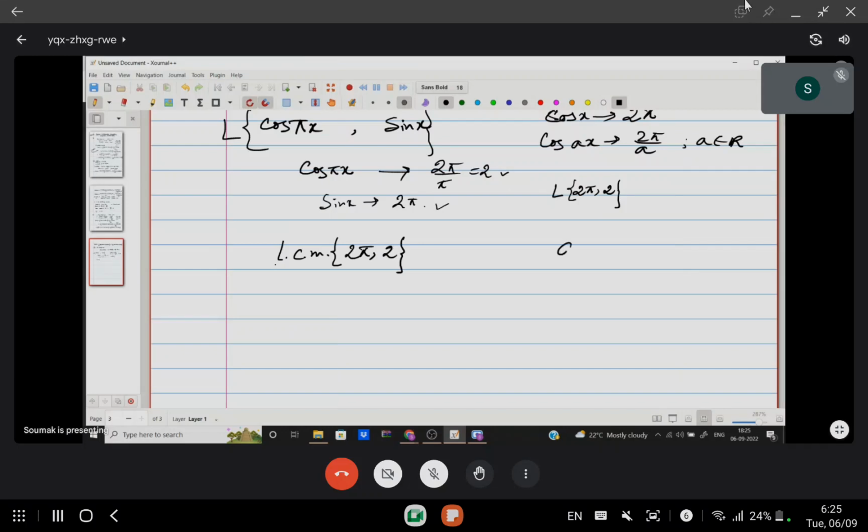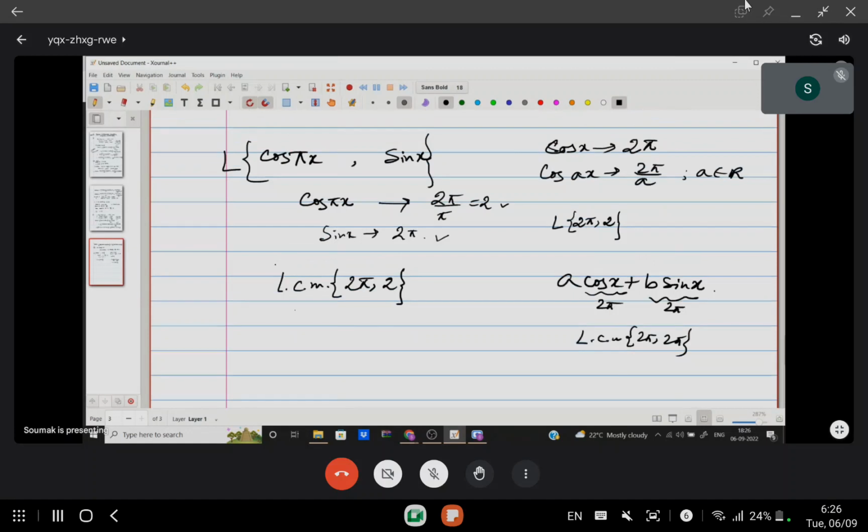The sum of two periodic functions is periodic provided the LCM of their periods exists. For a cos x plus b sin x, this is periodic because cos x has period 2 pi and sin x has period 2 pi, and their LCM is also 2 pi, no problem. But here the LCM of 2 pi and 2 you cannot find. So it is not a periodic function, because cos pi x and sin x have no common period.